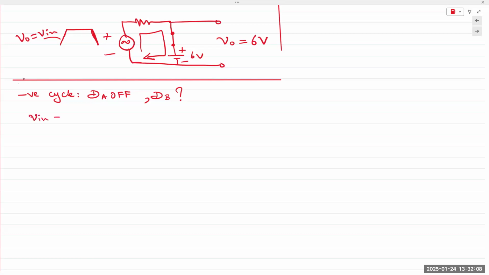So if Vin is less than -9 volts, actually, technically, it should be greater than -9 volts, dB is off. And when Vin falls below -9 volts, meaning it goes -9, -9.1, -9.5, -10 volts, then dB turns on.